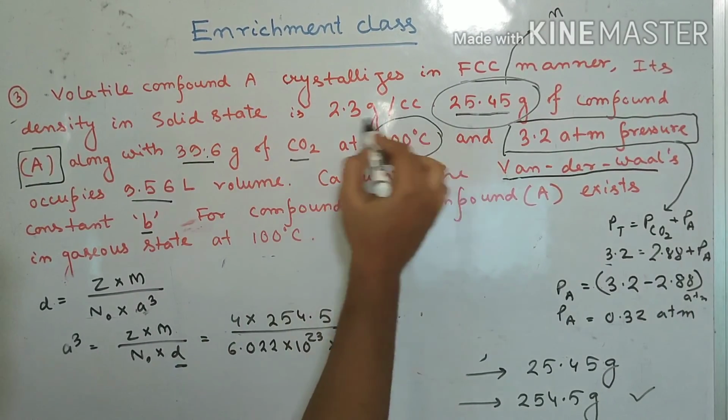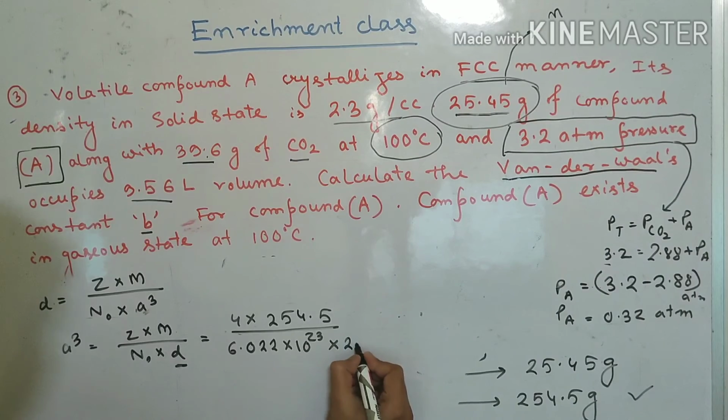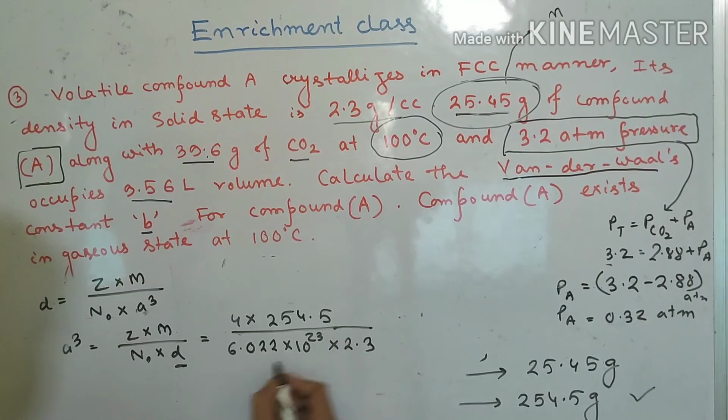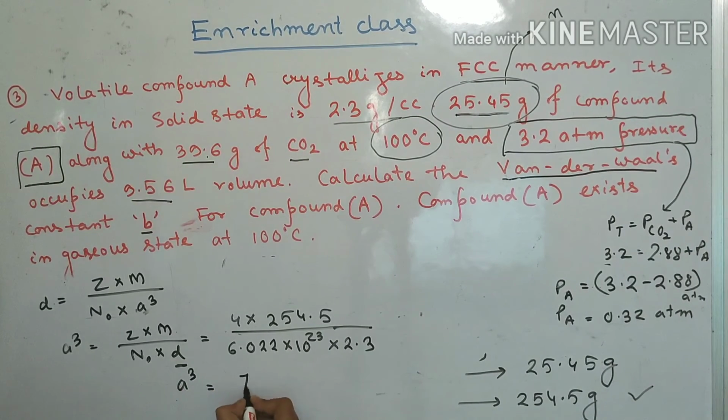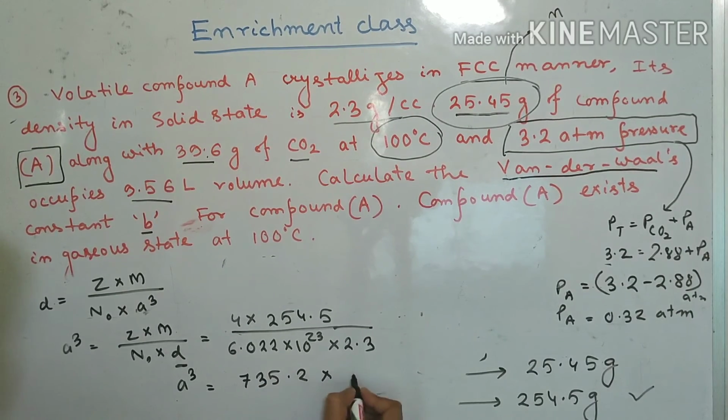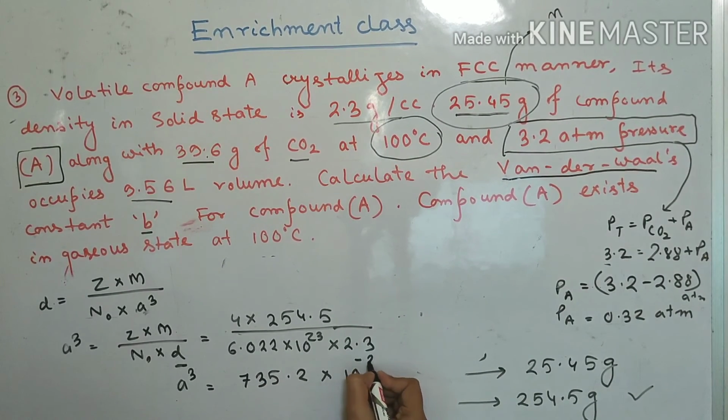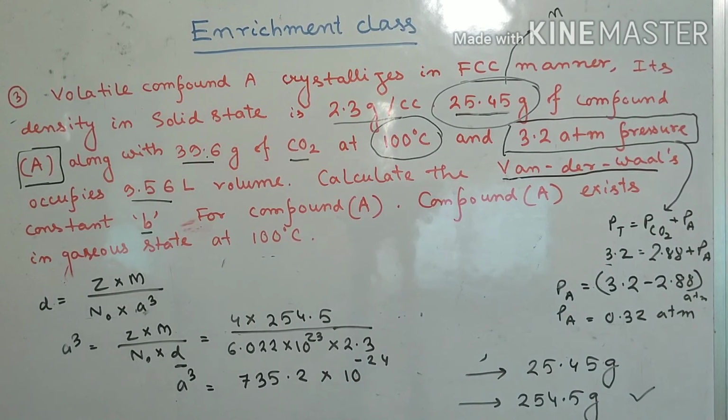Density, is it given? Here it is given, 2.3. So we have to calculate this much. Use the calculator just to reduce time, and I am getting a cube is equal to 735.2 into 10 to the power minus 24.